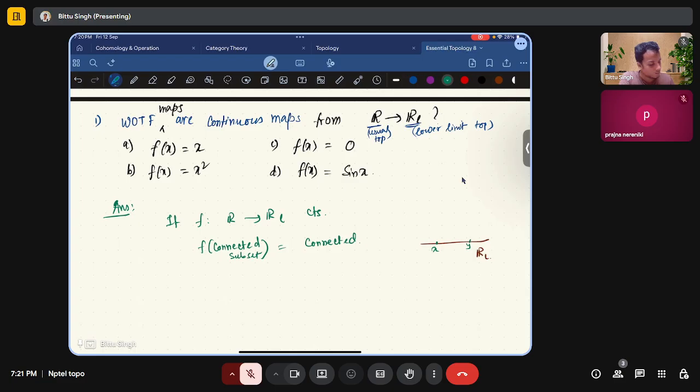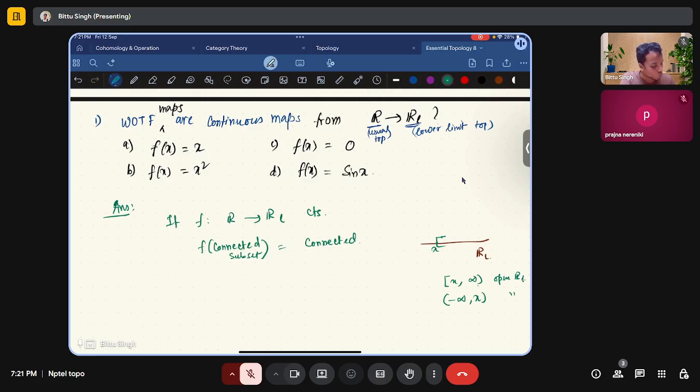Why? Because in the lower limit topology, (x, infinity) is open in R_L, and (minus infinity, x) is also open in R_L, because it is open in the real numbers and the lower limit topology is finer.